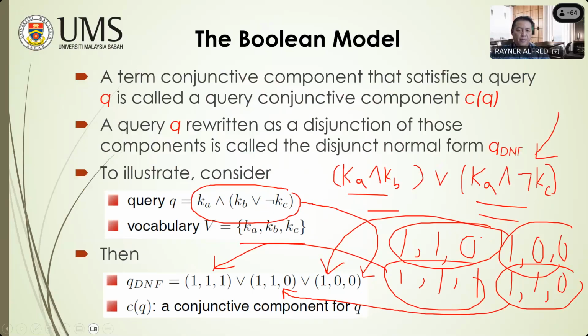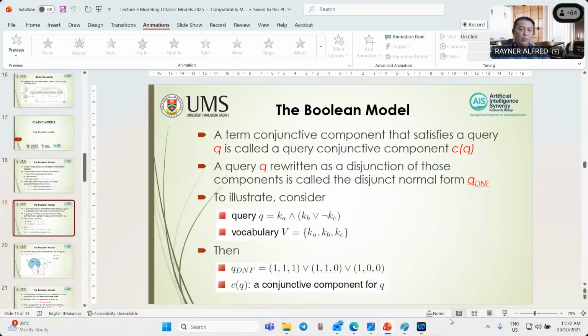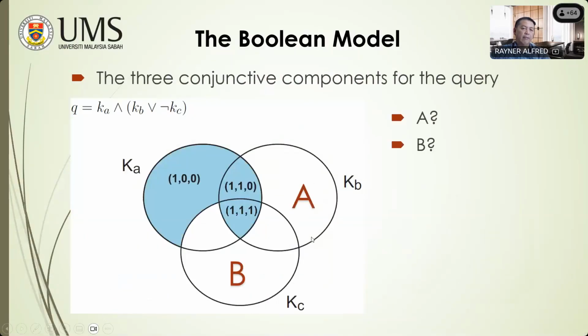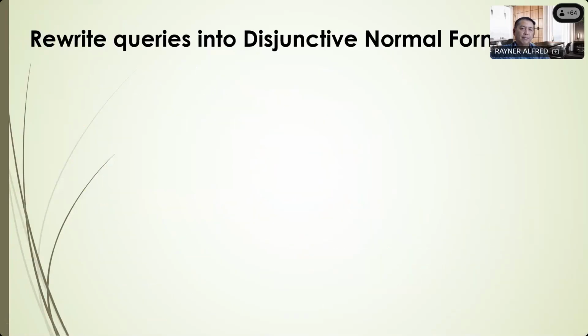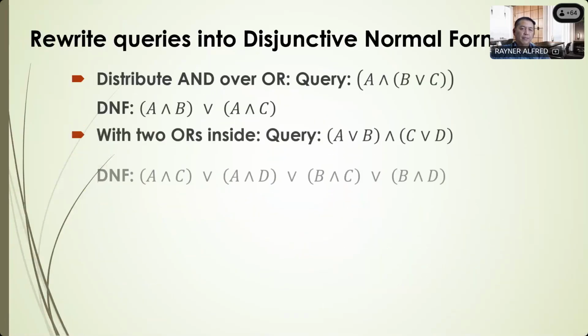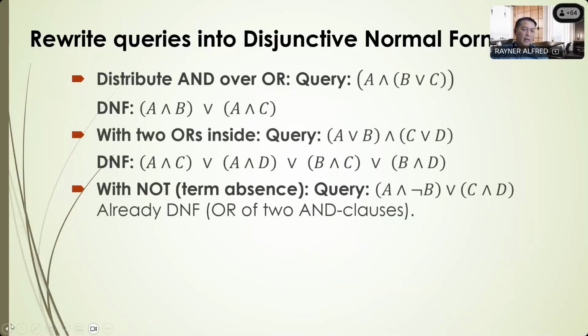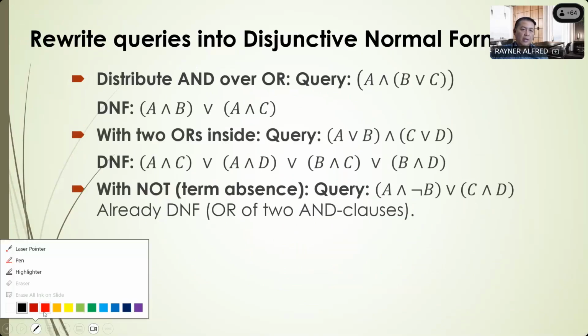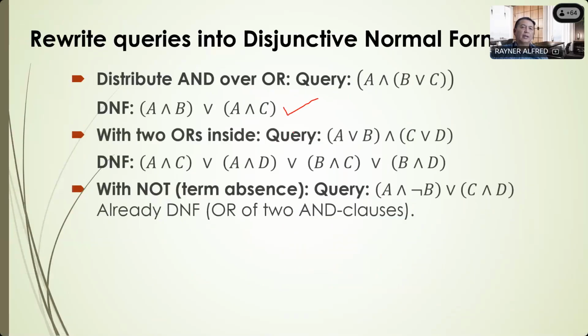Okay. So you understand now why we need to convert into this disjunctive normal form. So basically what we have here is all the patterns that you are looking at. It depends on your vocabulary. You will build a pattern and then you just match the pattern with the document that we have.